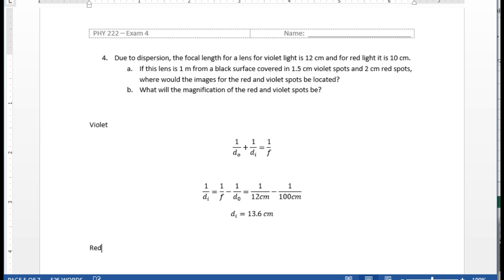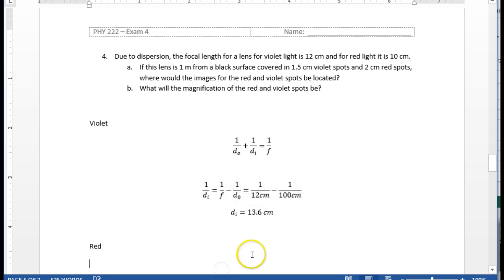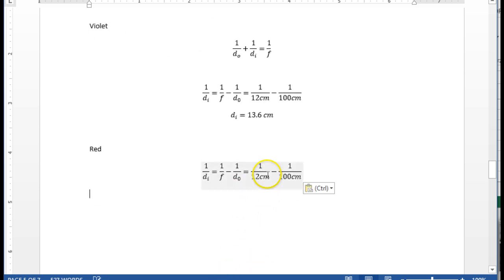Now for red, we have exactly the same equations. I'll just copy this one. Exactly the same equations, except now this 1 over 12 is 1 over 10.